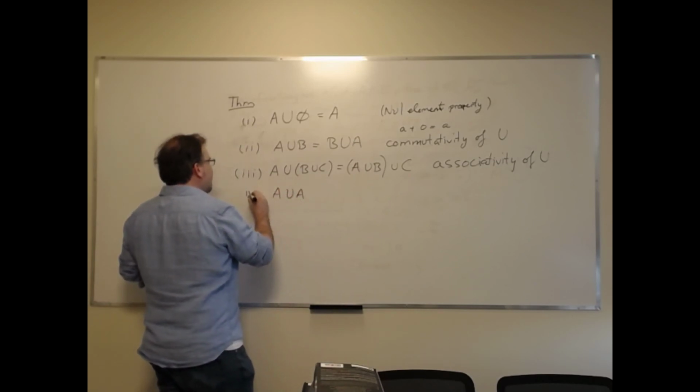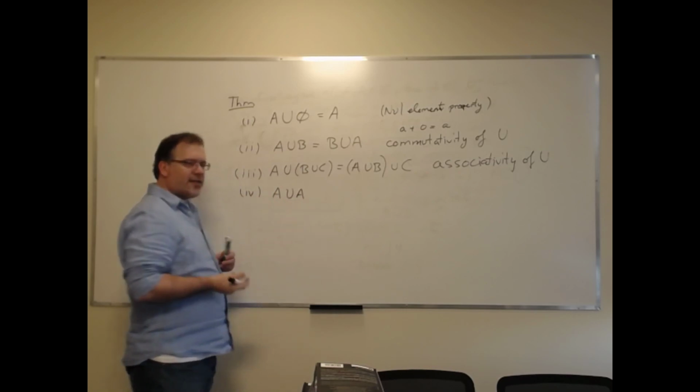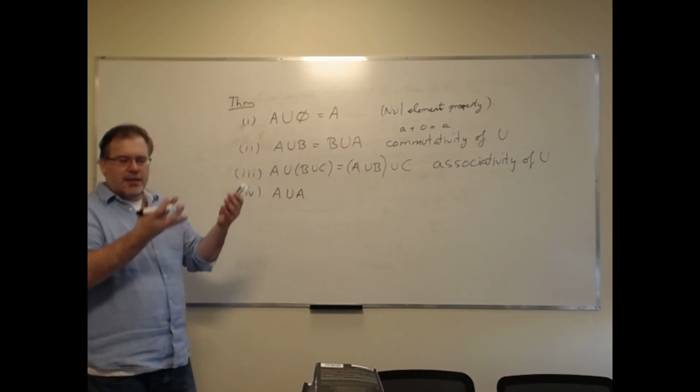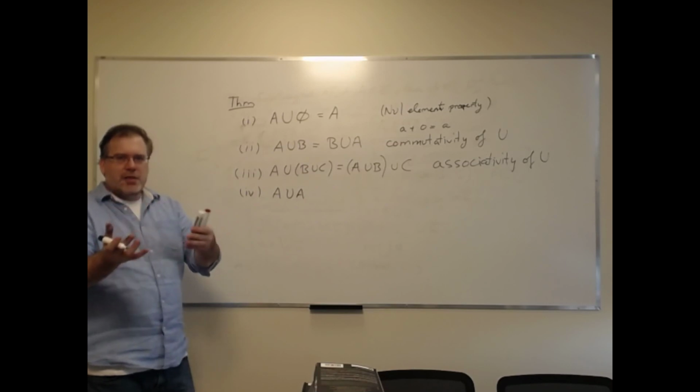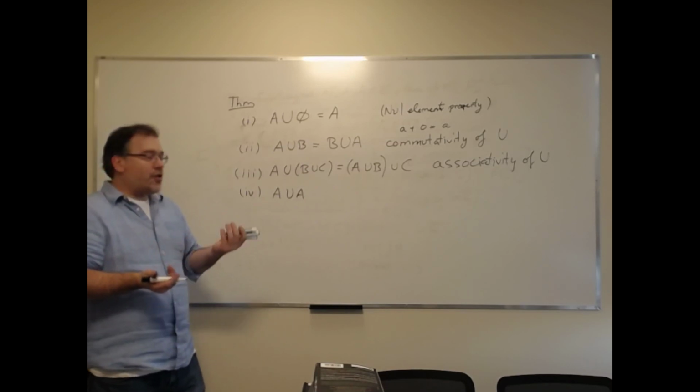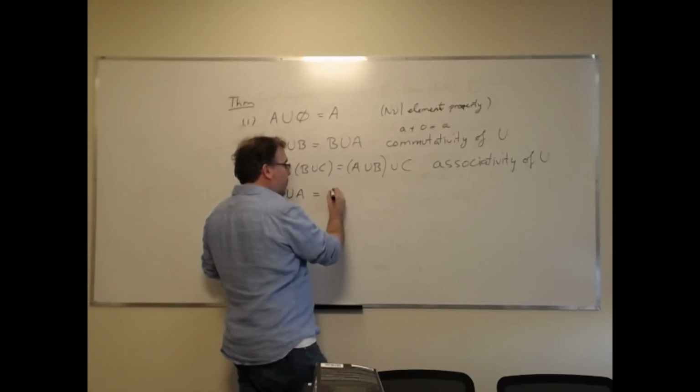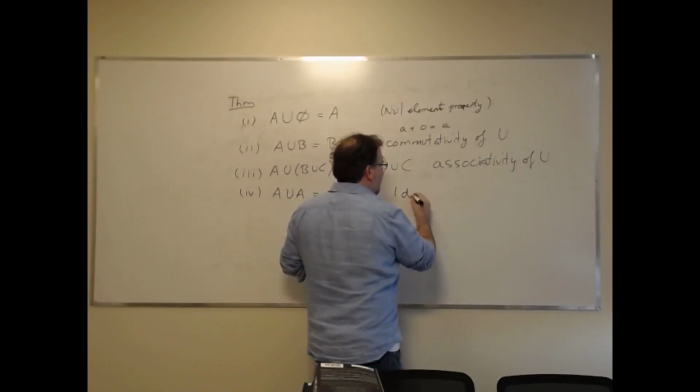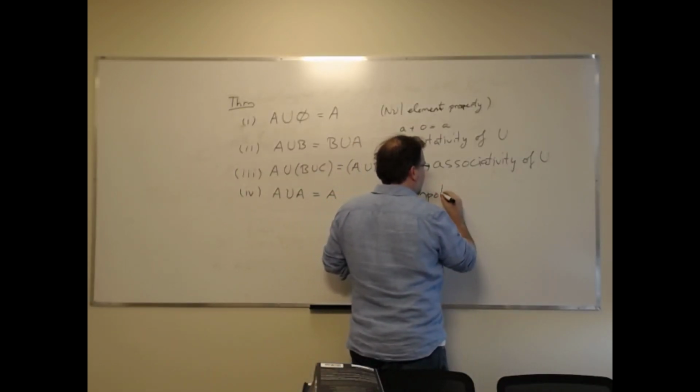All right, suppose I take the union of the set A and the set A. The result is a set that contains all the members of A plus all the members of A, which of course is just the members of A. That's the idempotence property.